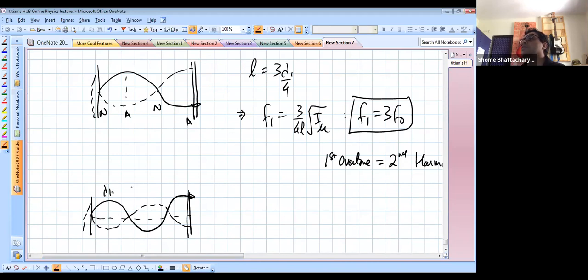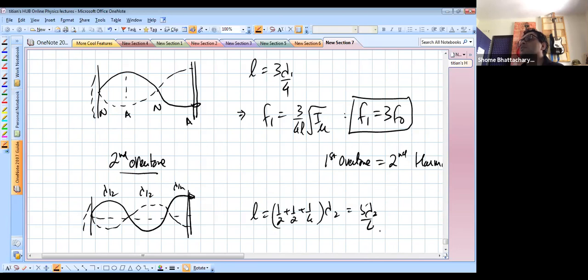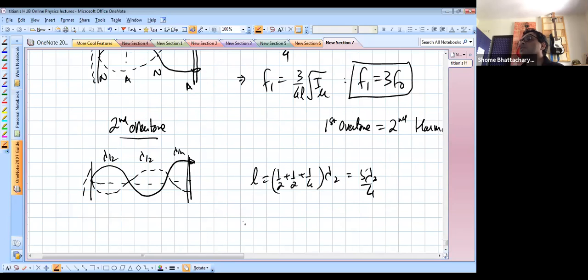So it is lambda by 2 plus lambda by 2 plus lambda by 4, or as you can see, 5 lambda by 4 becomes the length. So the frequency becomes 5 by 4L square root T by mu, or the fifth harmonic of the fundamental.